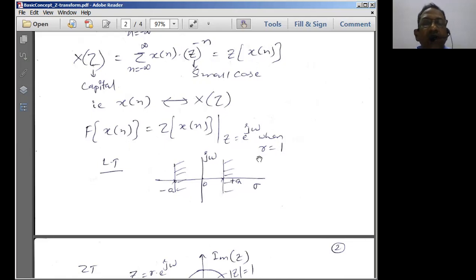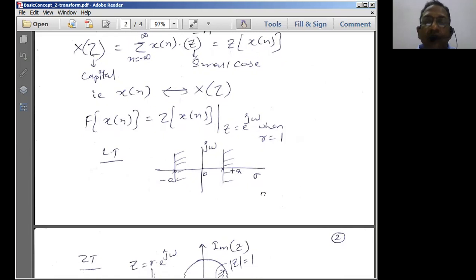So that means the discrete time Fourier transform becomes equal to the Z transform when z becomes equal to e to the power jω. It is similar to the continuous time Fourier transform becoming equal to the Laplace transform when sigma is equal to 0. So it is exactly analogous to that particular thing over here.